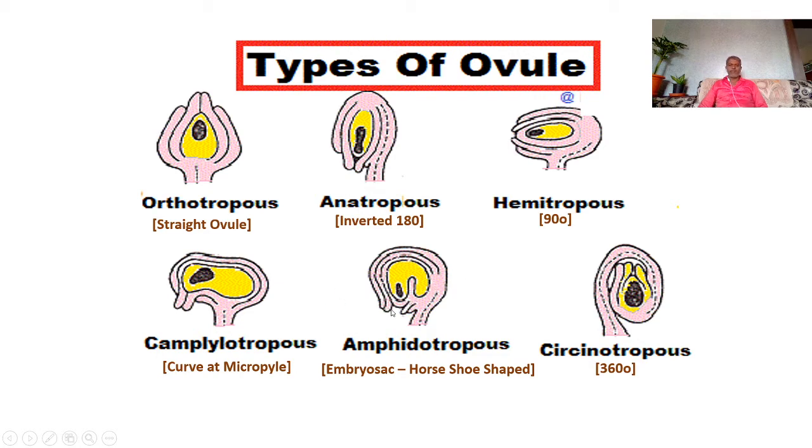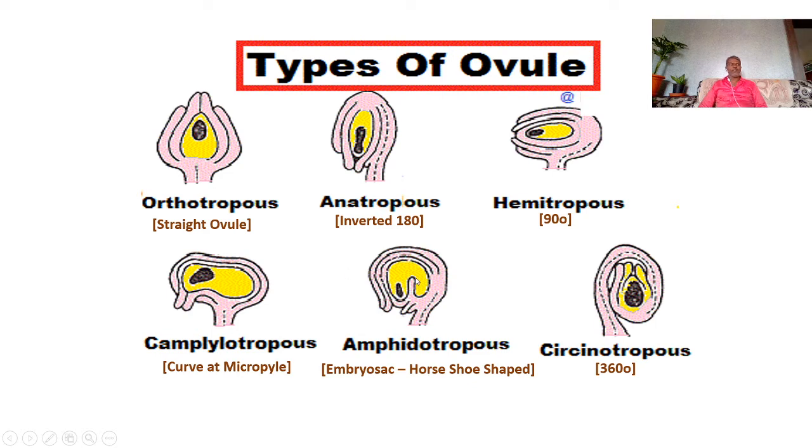Here, the micropylar region comes very close to the funicle, and the embryo sac is curved like a horseshoe. So this is known as a horseshoe shaped embryo sac. It is very much curved, whereas in campylotropous you can see a straight embryo sac.